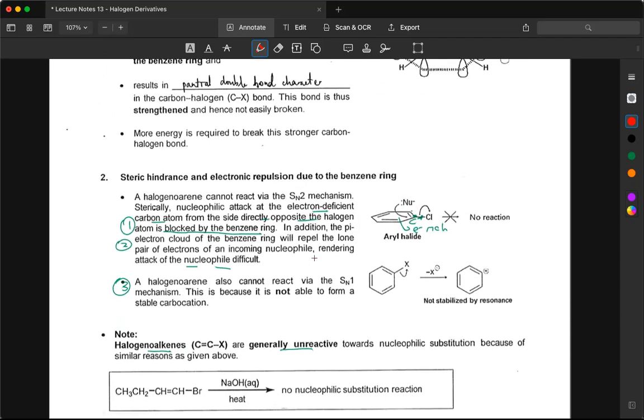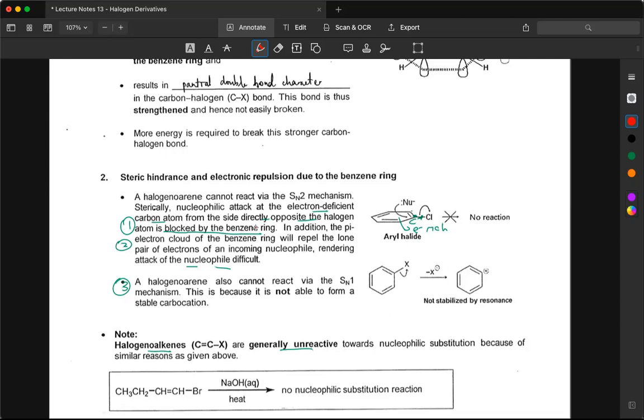Also, there is steric hindrance and electronic repulsion due to the benzene ring. The halogenoarene cannot react via SN2 because SN2 requires attack by the nucleophile from the backside, right? Backside attack. So nucleophilic attack at the electron deficient carbon atom from the side opposite the halogen atom is blocked by the benzene ring.